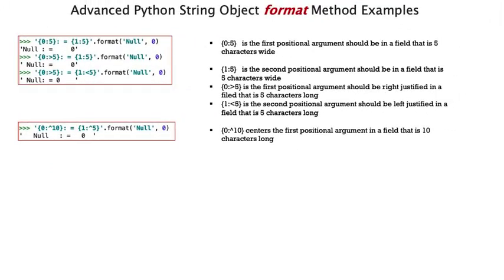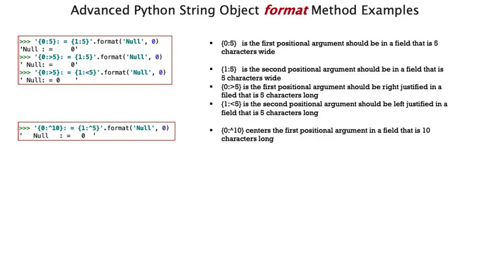Some additional useful functionality as part of the string object format method. So {0:5} is the first positional argument, which should be in a field that is 5 characters wide. So we can have 0:10, 0:15, whatever you want. But what you see here in this first example, the colon and equals, those are the literals. So the things outside the curly brackets will always be literals. And then {1:5} is what?